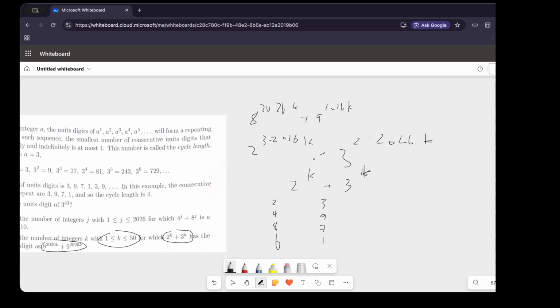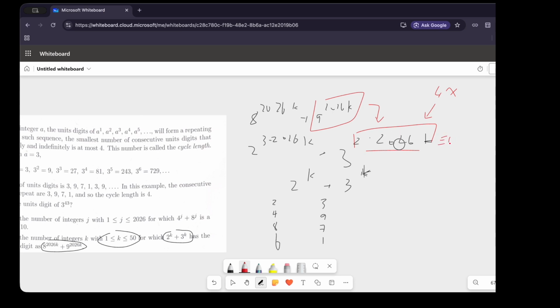Now let us carefully examine the expression. After translating to this format, we can see this one should equal 4x, if 2 times 2026k is congruent to 0 modulo 4.